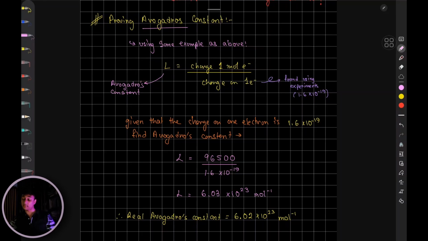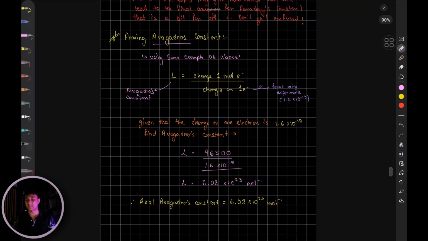If you are interested, you can search it up and see how it's actually derived. I mean, it's not derived. A bunch of experiments were carried out to accurately determine the charge on one individual electron, right? So this doesn't have any derivation, as far as I know at least. This is a given. And this, you do derive the Faraday's constant. And once you do so, you will be able to find the Avogadro's constant. By the way, this denotes Avogadro's constant, apparently.